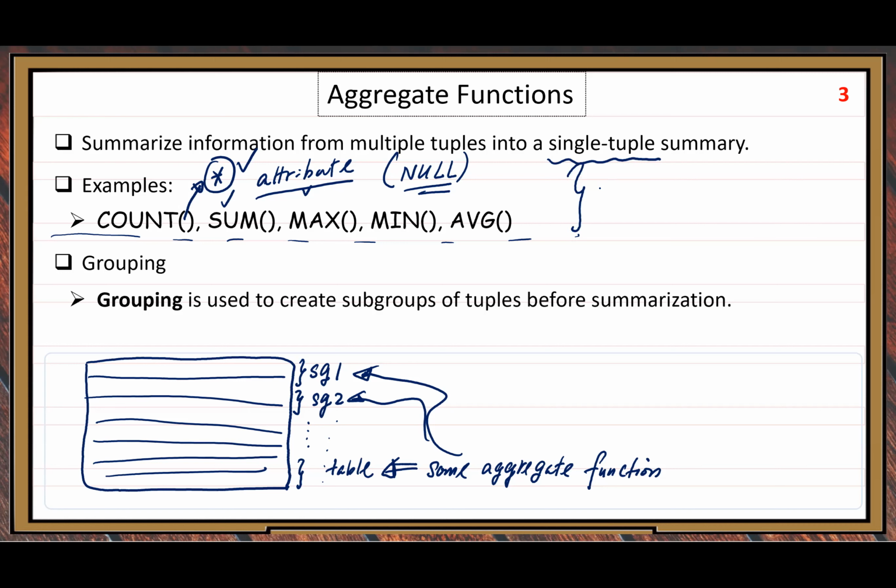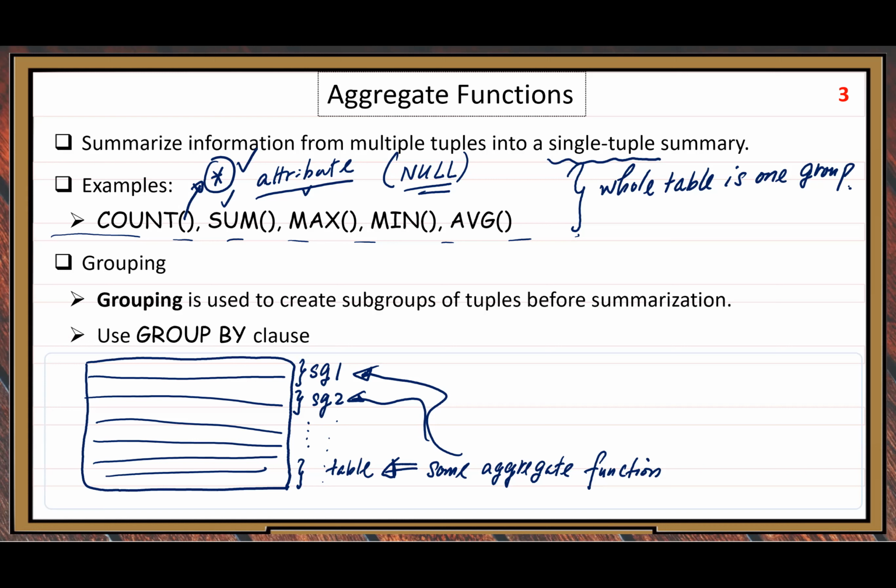Because you do not define subgroups, the whole table is treated as one group. So you apply each aggregate function on the whole table, that group.